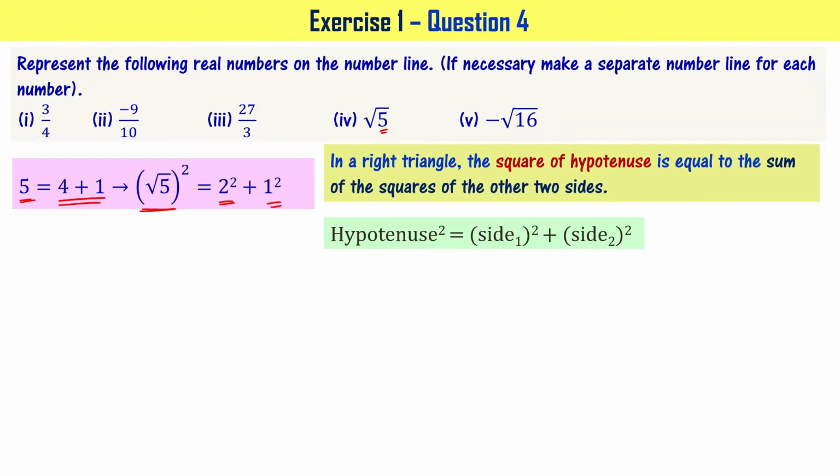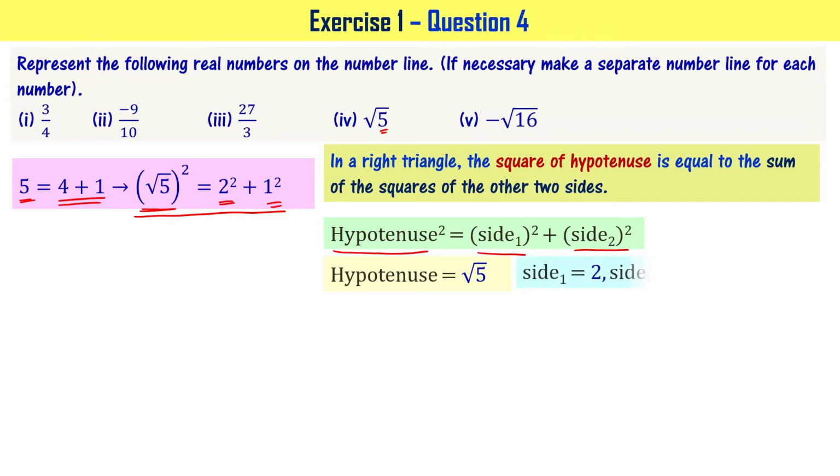You will be learning about this theorem in the triangles chapter or similar triangles chapter, right? As per this theorem, hypotenuse square is equal to side 1 square plus side 2 square. Let's now compare that with this. When you do that, you can say that √5 is hypotenuse, right? Side 1 is 2 and side 2 is 1, right?